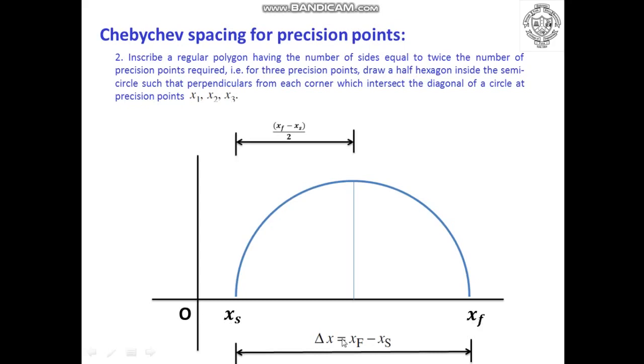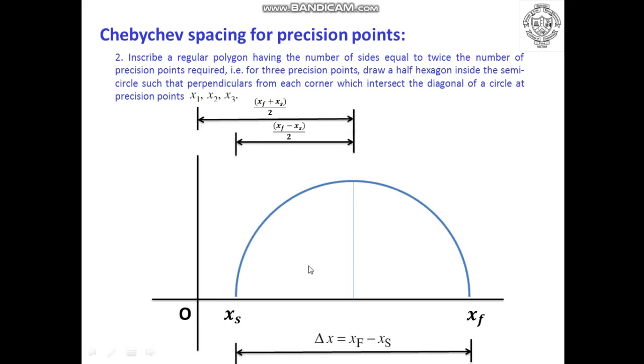This point will be considered as the midpoint of xs and xf. If you want to write the equation for the radius of the circle, we can write this as xf minus xs divided by 2. So this distance is nothing but the radius of this semicircle.